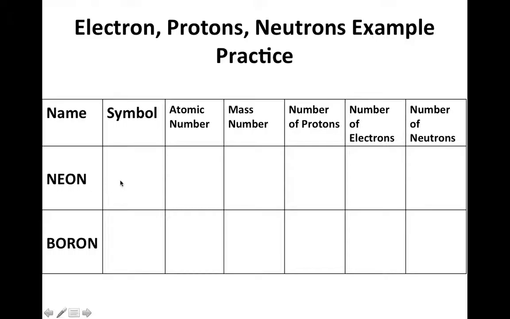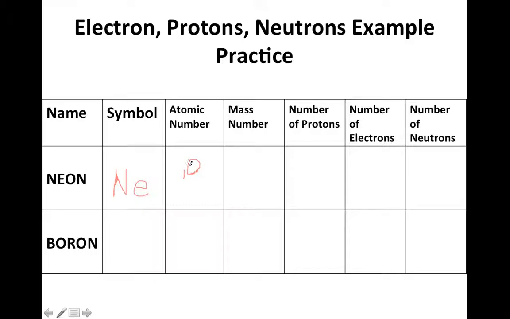Now let's practice. So we're going to start first of all with the symbol. You look on the periodic table, and neon is Ne. So we're going to capitalize the N and lowercase e. Remember, the second letter is always lowercase. Neon, when I look at it, the top number for neon is 10.